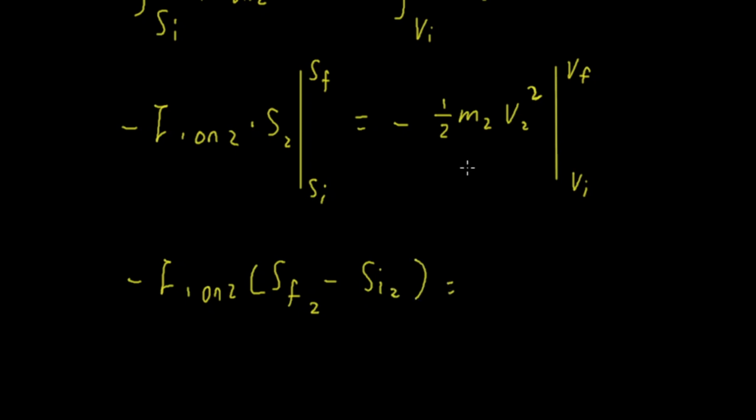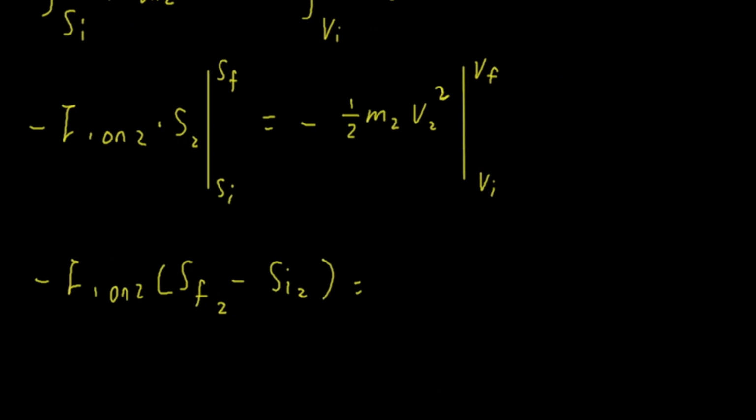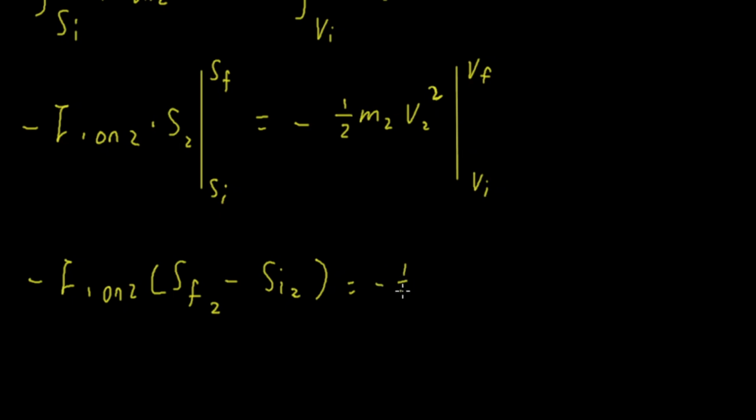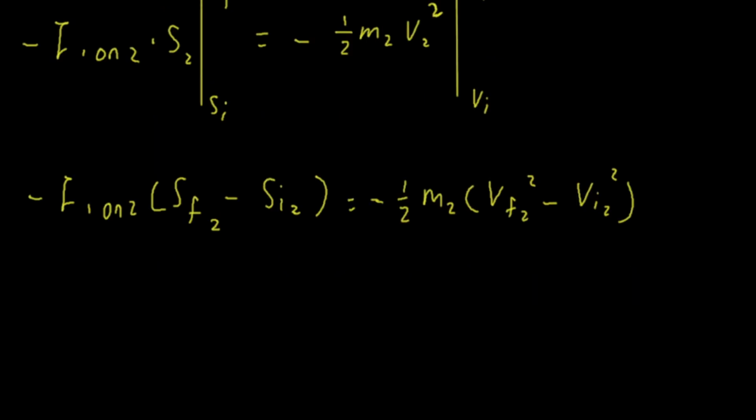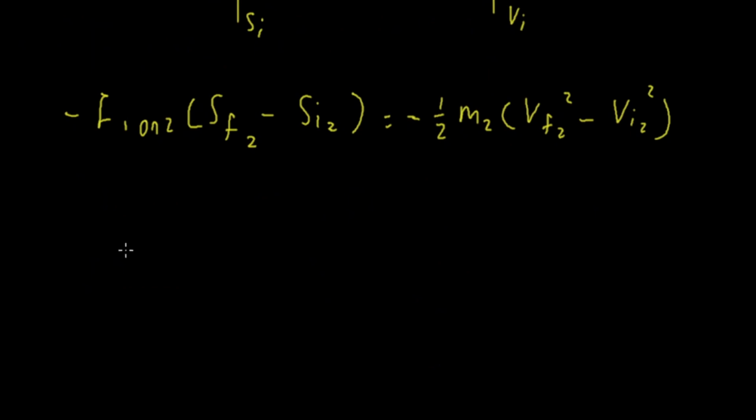And that's equal to negative 1/2 mass 2 times v final 2 squared minus v initial 2 squared. Now, this one here is just the change in position, in the bracket.